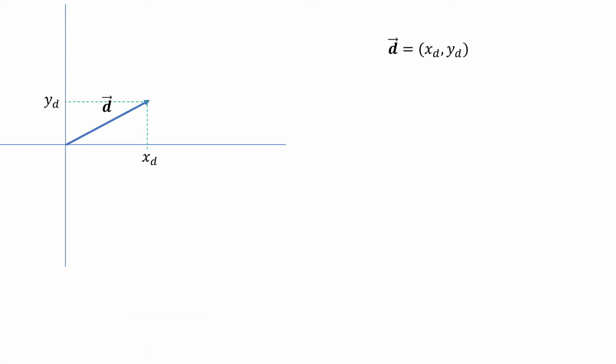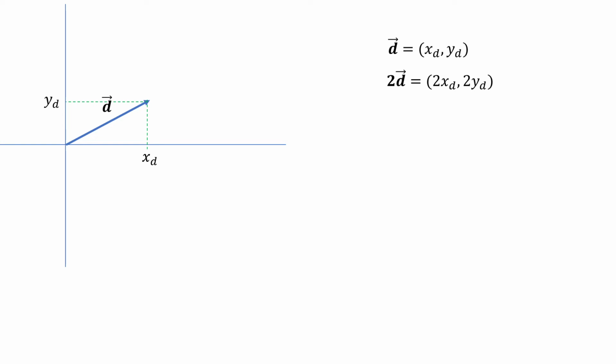And the next thing, the last thing in this video, we're going to look at the case when we multiply a vector by a scalar. But before we do this, let's just get some idea of what's happening. So let's say I have a vector d. I want to find what vector 2d is, 2 times d.